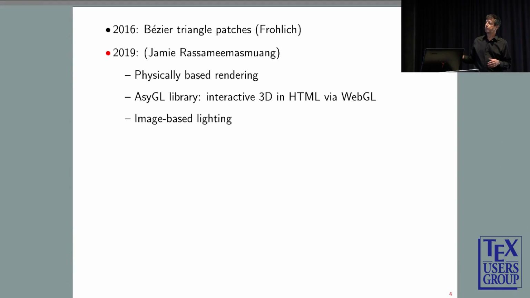I was just using the simplest model. He uses this PBR-based approach, a more physics-based approach, and also image-based lighting. I'll show you an example of that. And he helped me develop this WebGL output format using a JavaScript library that we wrote together.